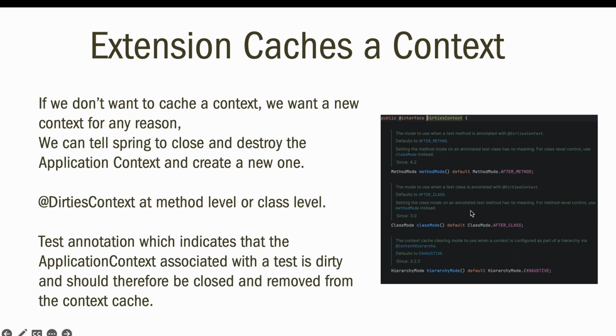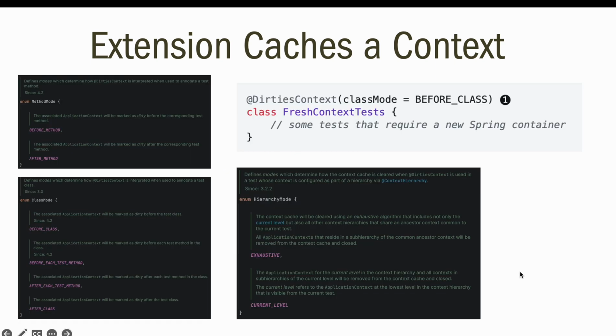We saw that by default the method mode is AFTER_METHOD, the class mode is AFTER_CLASS, and the hierarchy mode is EXHAUSTIVE. All right, so let's see these attributes. They are all enums.